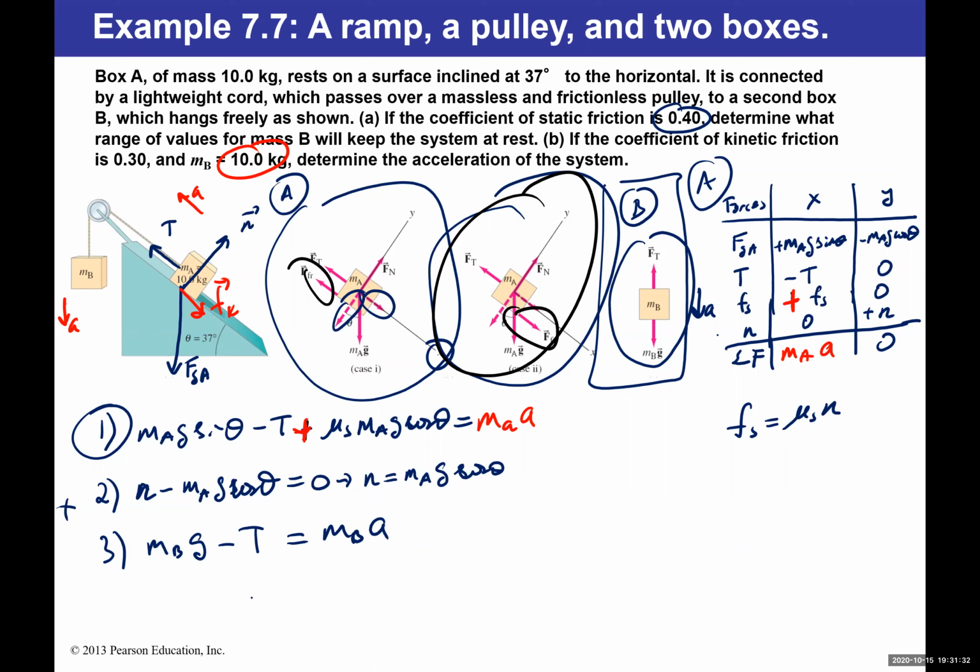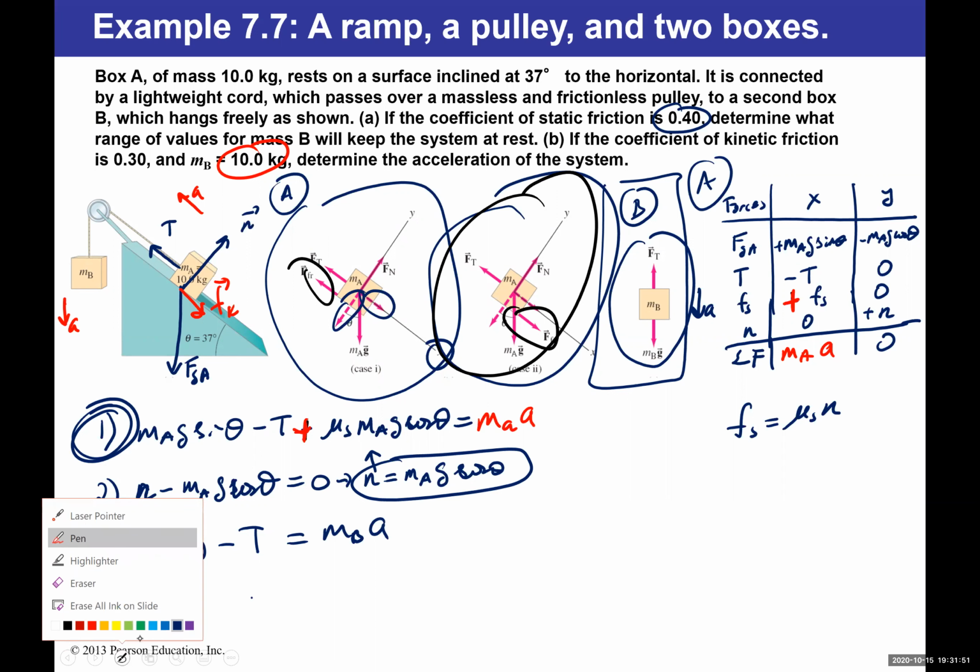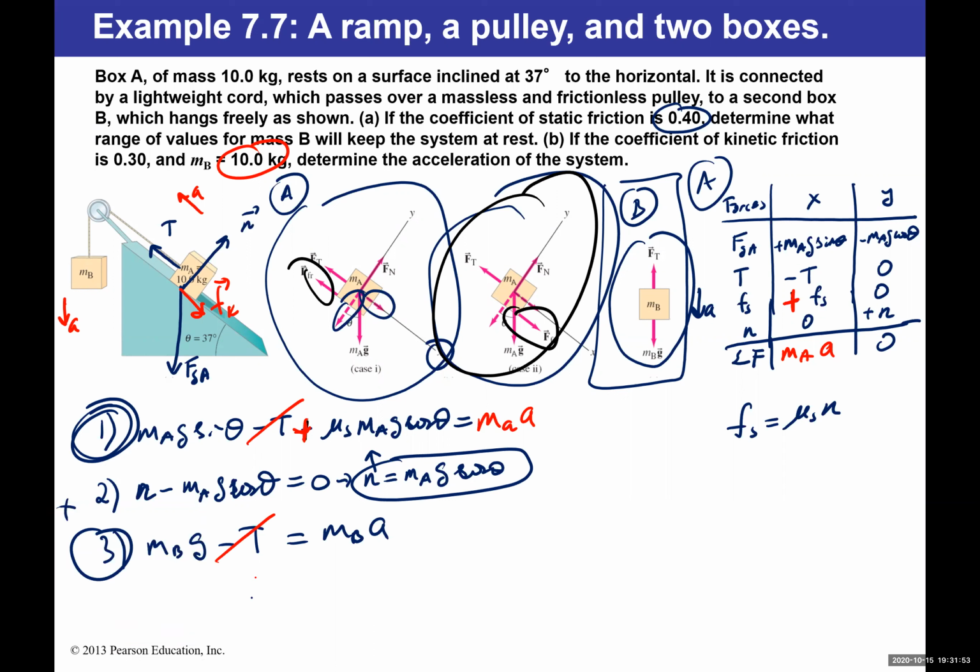You still have the same equation 1 and equation 3, and you add those two equations together, because equation 2 just gives us the normal force, and I already incorporated that into equation 1. If I add equations 1 and 3, I get rid of the tension.